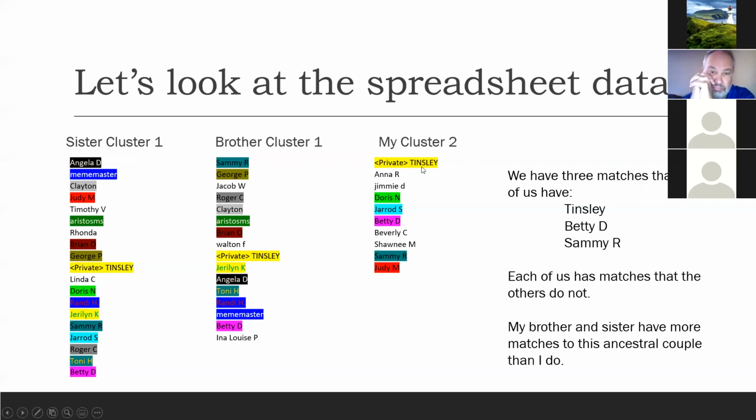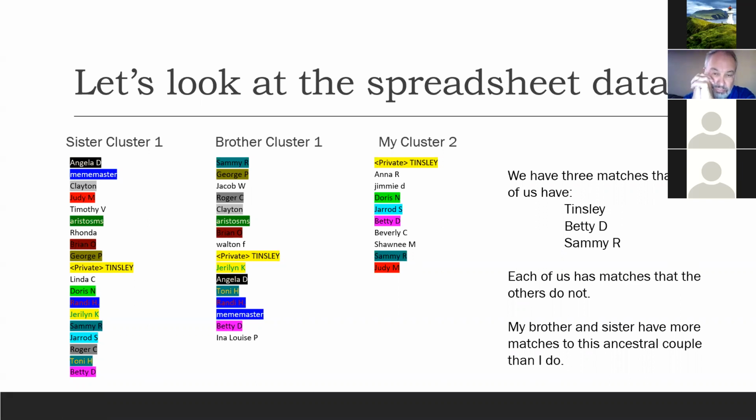You can see over here, Tinsley, we all 3 have. We also, in pink, all 3 have Betty D. And in this kind of weird dark teal color is Sammy R. We all 3 have matches to Sammy R. So that's where I'm going to start with this cluster to figure out how we are related.